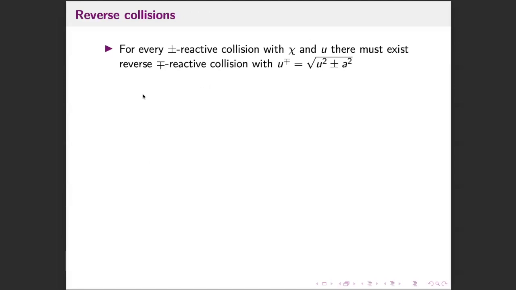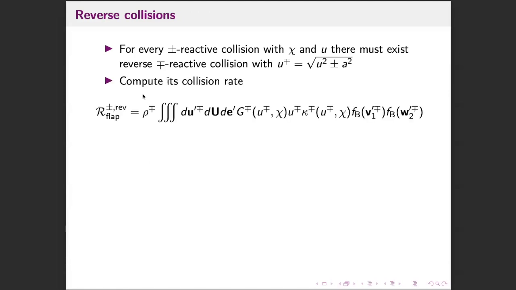And you impose, maybe I should actually stand here. You impose, now to impose microscopic reversibility, you want to say that for every forward reaction, there is an equivalent backward reaction.